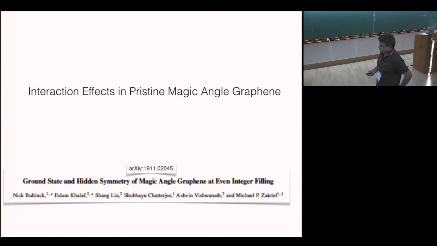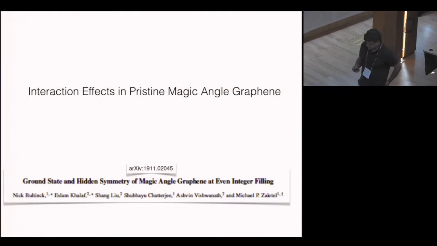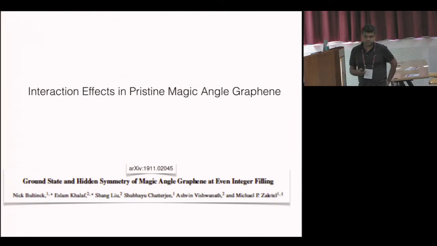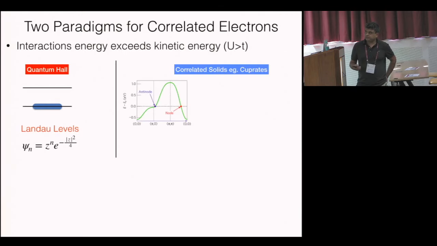Although the state itself ultimately has a simple description in terms of a Landau order parameter, some of its topological aspects are extremely interesting and may be related to the superconductivity that's seen in these systems. So I'm going to focus on this particular preprint.